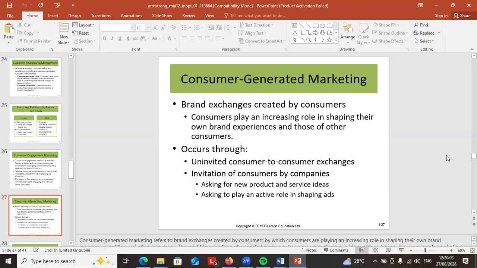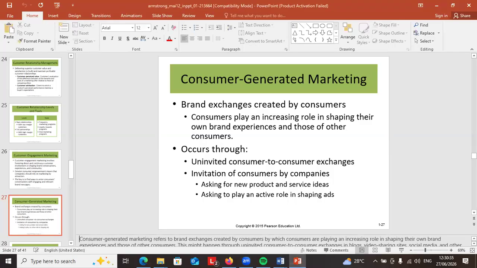Now, let's also look at another concept referred to as consumer-generated marketing. Of course, consumer-generated marketing refers to brand exchanges created by consumers, by which consumers are playing an increasing role in shaping their own brand experiences and those of other consumers.